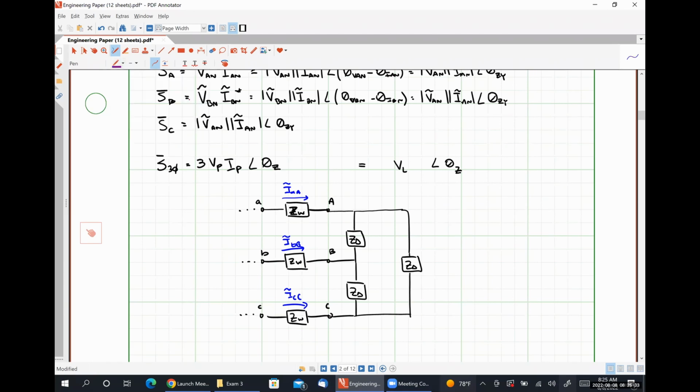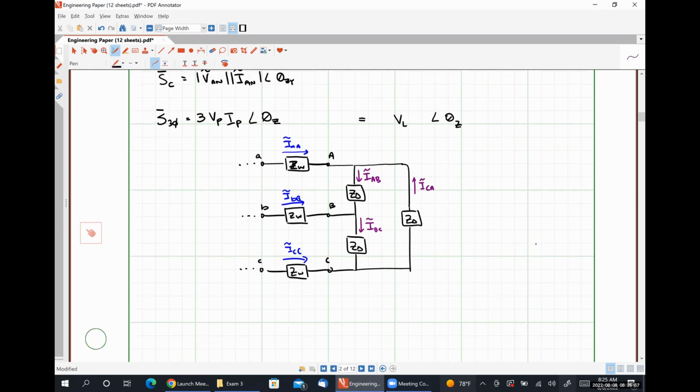And our phase currents are IAB, IBC, and ICA. We perform Kirchhoff's current law at node capital A.